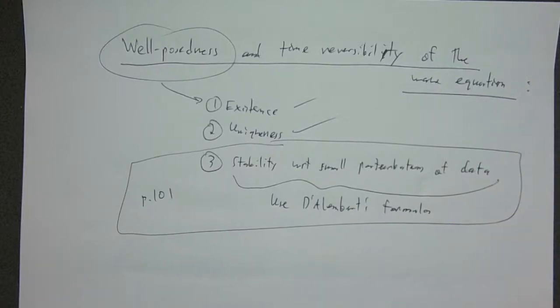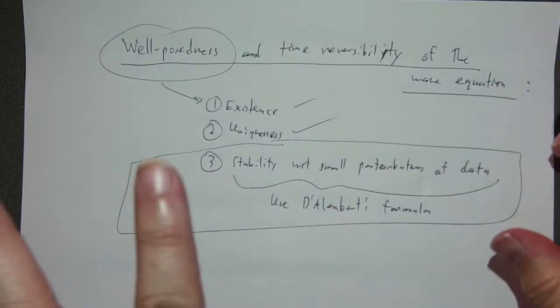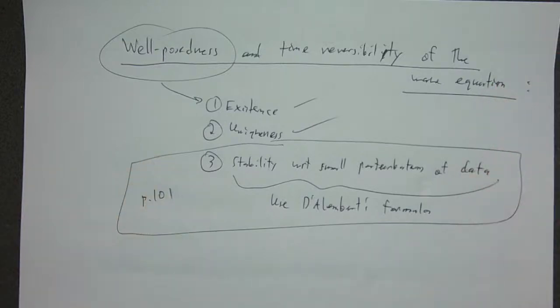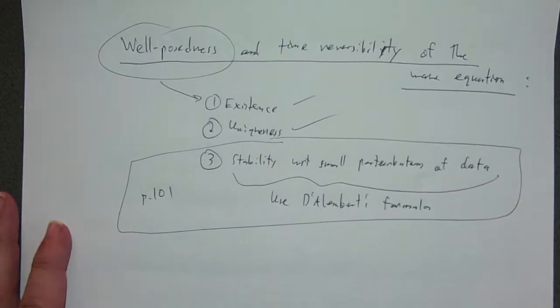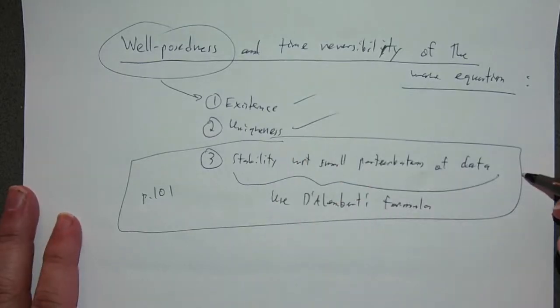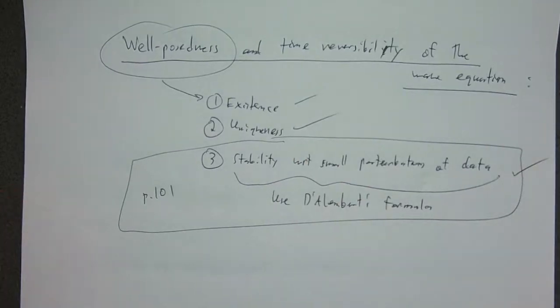Okay, as you might imagine, this is an epsilon delta style statement, almost like a continuity statement with respect to that equation. So as I said, if you want to see that stability statement, you can have a look at it on page 101. But we get all three of these things, and so we're happy here.